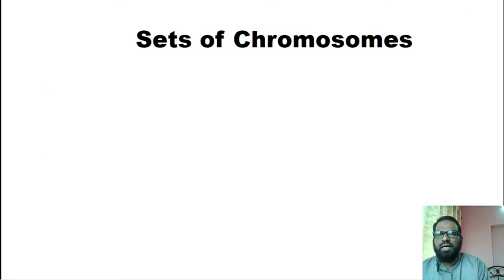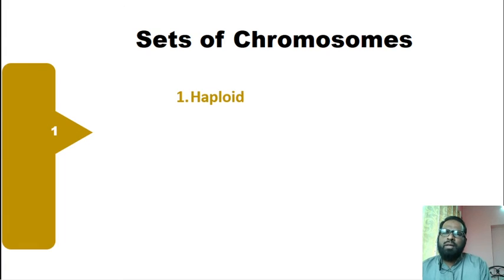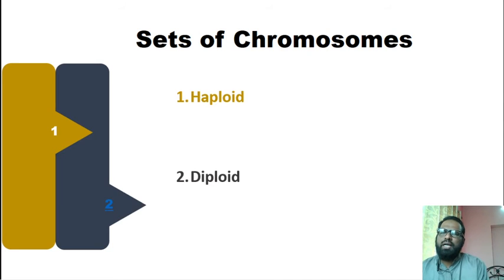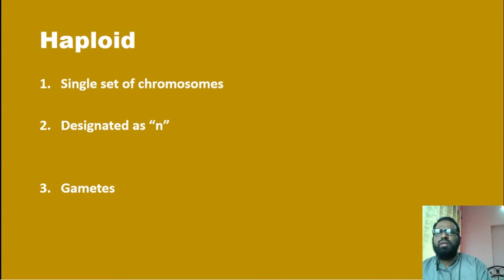Then we come across another very important thing, the sets of chromosomes. What are the sets of chromosomes? Here we come across two important terms: one is the haploid set of chromosomes, and the second is the diploid set or diploid number of chromosomes. What is the difference between these two? In the case of haploid chromosomes, there is a single set of chromosomes.